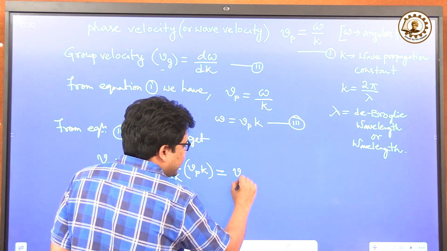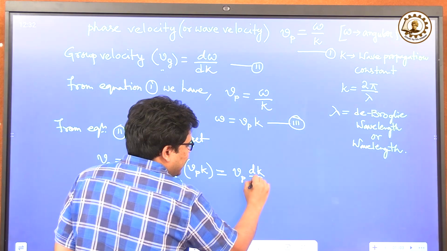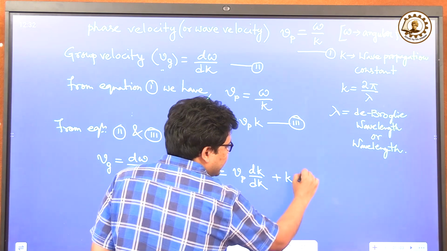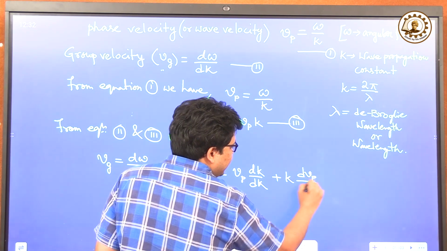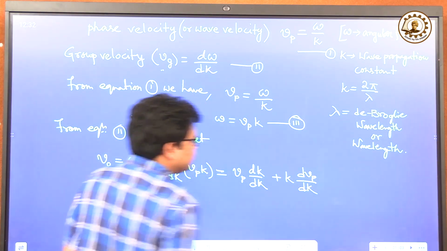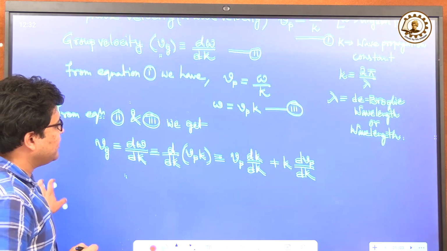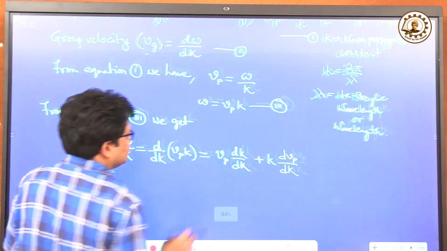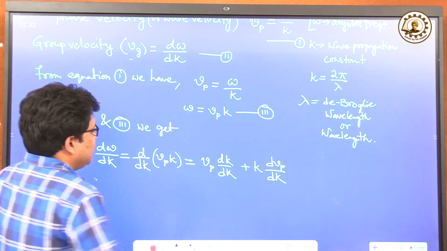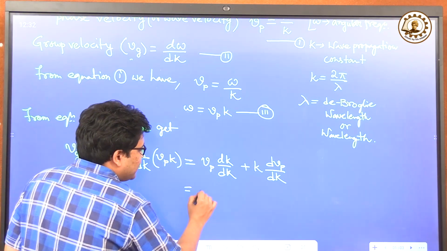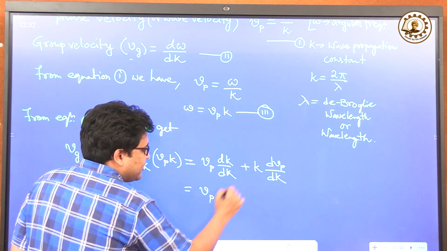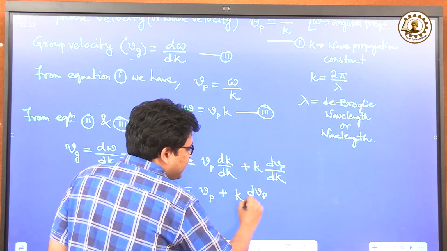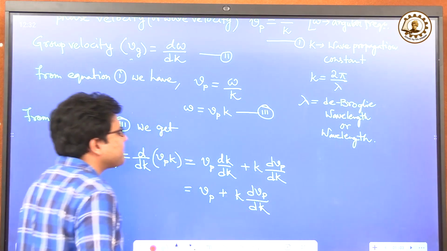Taking Vp as constant, it is dk over dk, plus keeping k constant, it is k dVp by dk. As you can see, dk over dk results 1. So as a result we have Vp plus k dVp by dk.